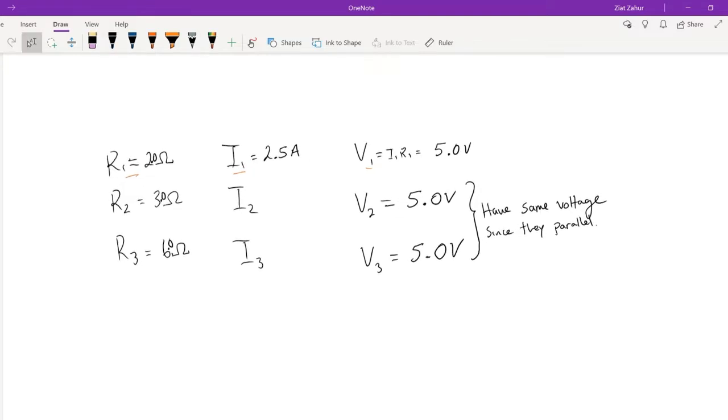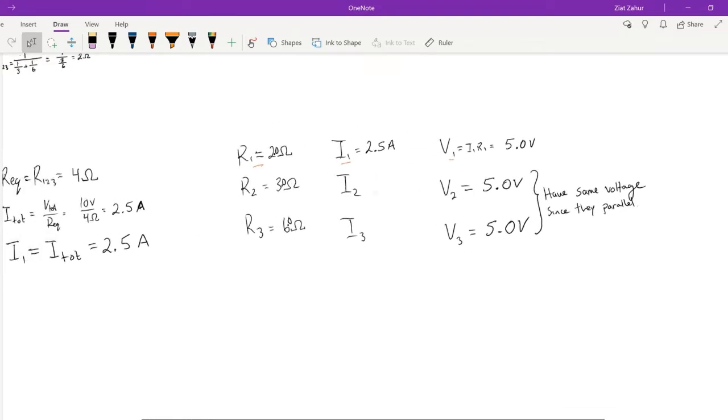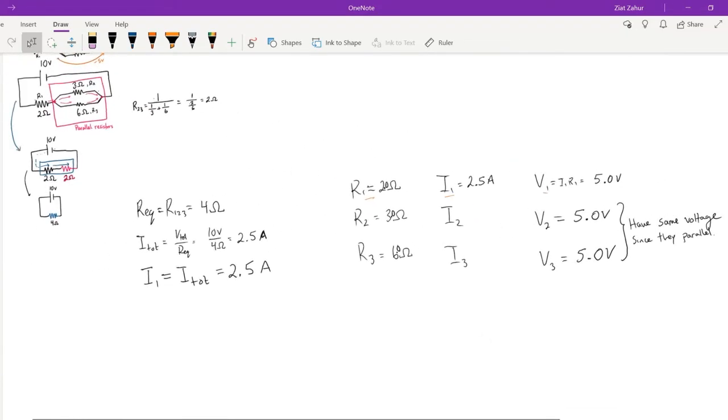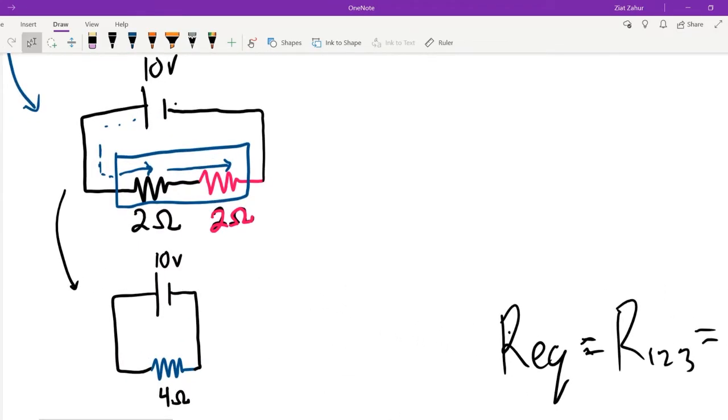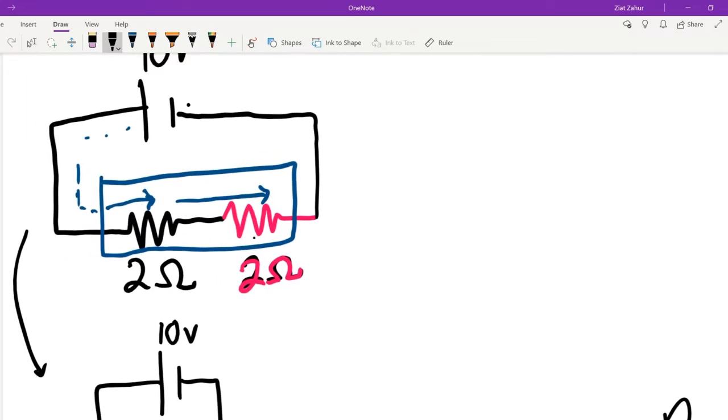Well, why did V1 equal V2 and V3? That just happened this time around by coincidence, just by the mere fact that the total resistance of the second and third resistors, R2 and R3, we found as 2 ohms, right? It's only because their total was 2.